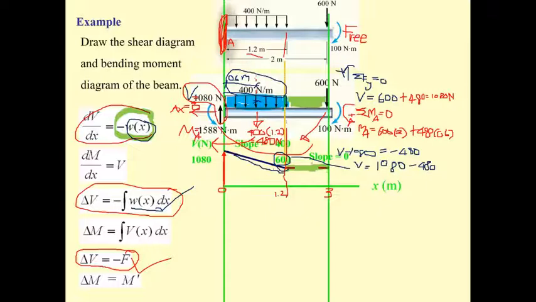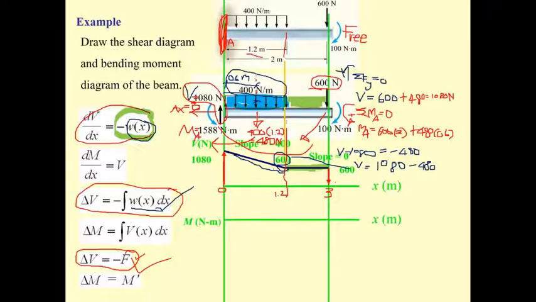The line here is going to be horizontal. And finally, if you arrive at the end, you get the force of 600 Newton downward, and you use this relationship, and the shear is going to be down here for 600. This is the shear diagram.